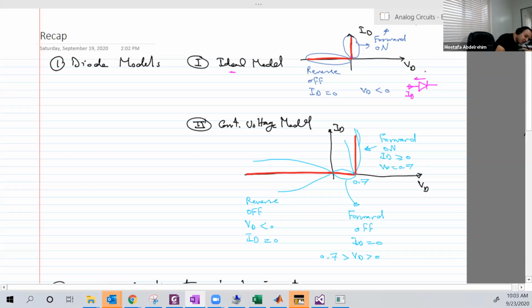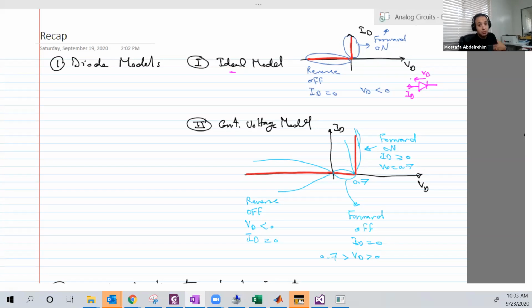And the voltage is from N, the opposite of the current, from N to P. And it should be 0 in forward for the ideal model, and negative in the reverse bias. Okay, then we said that maybe 10 or 20% of the problems we solve using the ideal model.